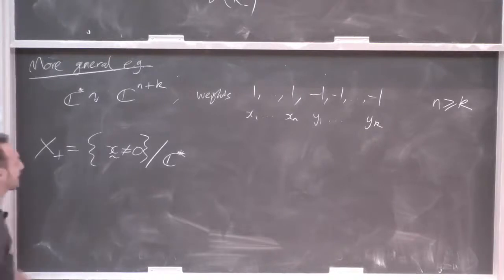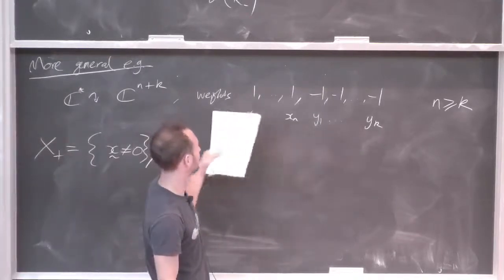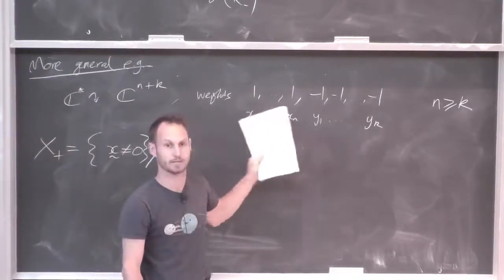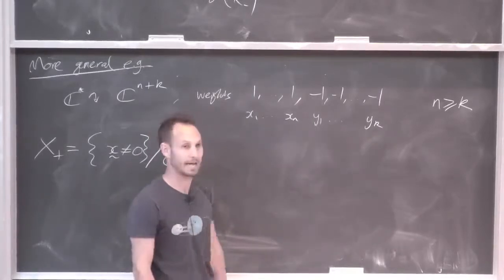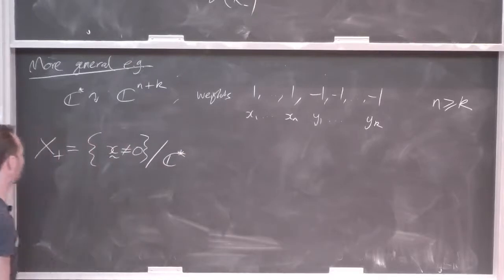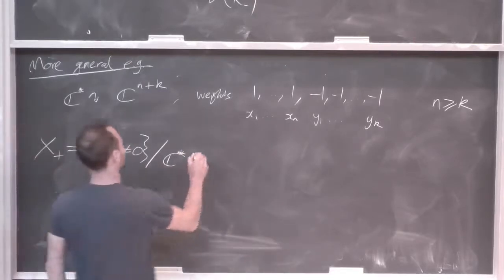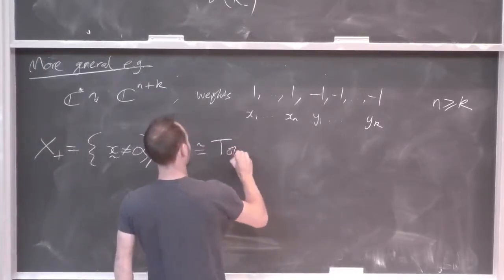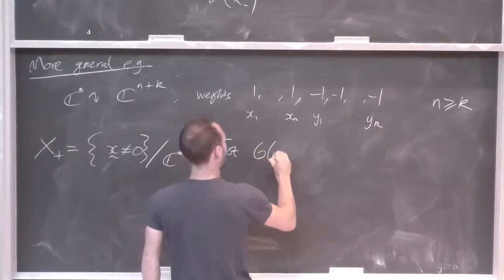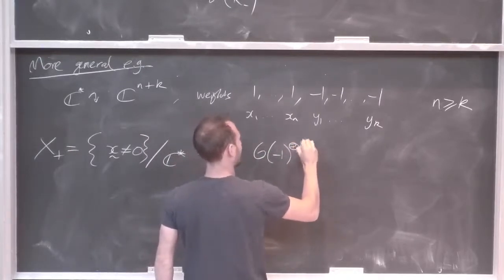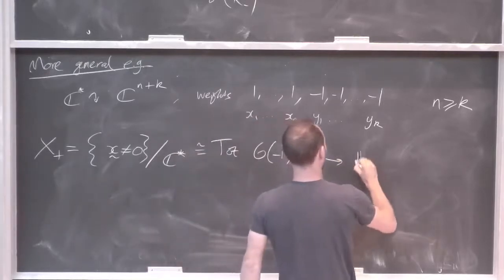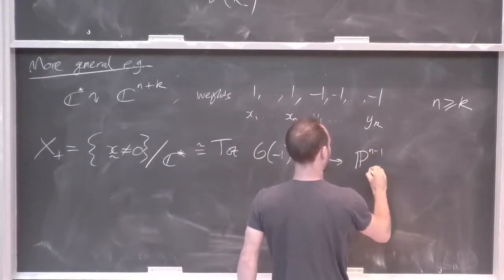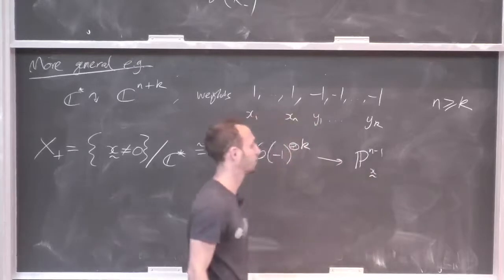If you forget the y's, you get down into projective n minus 1 space, and the fibers are vector spaces of rank k. It's a rank k vector bundle over projective space. And which one is it? It's O(-1) direct sum with itself k times, living over P^(n-1), where the P^(n-1) is with x coordinates.